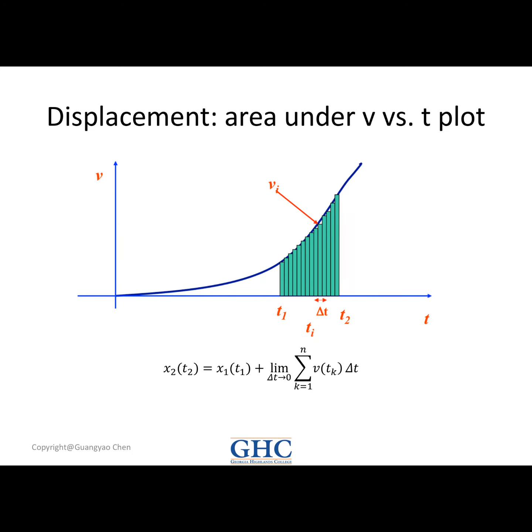Even if it's not uniform motion, for arbitrary motion, you just cut it into rectangles. For each rectangle, you can approximate the velocity as a constant. So velocity times this time interval gives you displacement in this very tiny time interval.